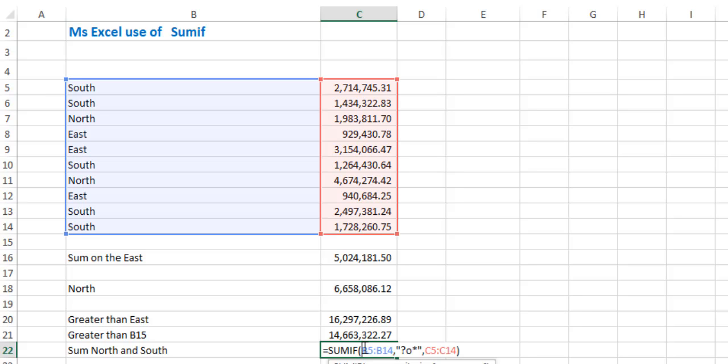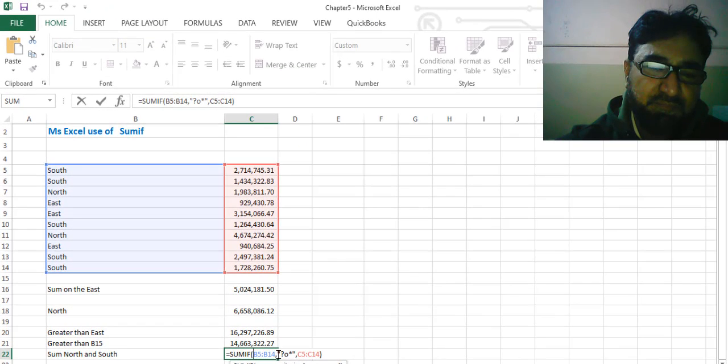And in this next formula, sum north and south, you can see that SUMIF B5 and B14 comma, we use this question mark to tell Microsoft Excel to take the total of those words in which O is used.